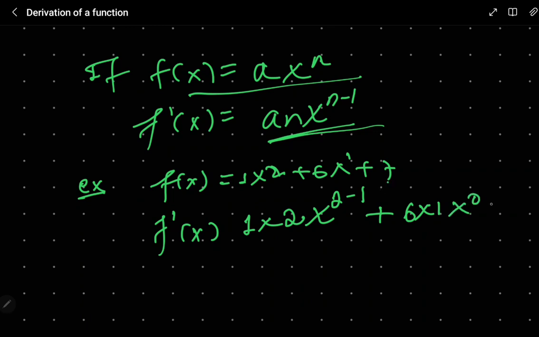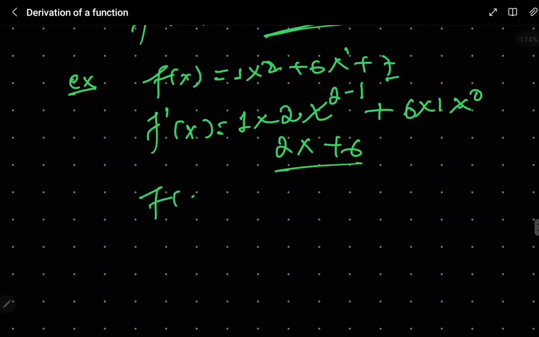The derivative of a constant is just 0. x to the power of 0 is just 1. So this gives us f derivative of x equal to 2x plus 6.